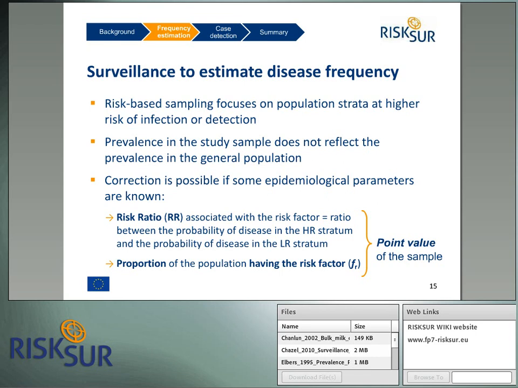The method proposed here allows the correction of biased data if two key epidemiological parameters are known, which are the risk ratio, which is the ratio between prevalence in the high-risk stratum and the prevalence in the low-risk stratum, and the risk fraction, which is the proportion of the population in the high-risk stratum.